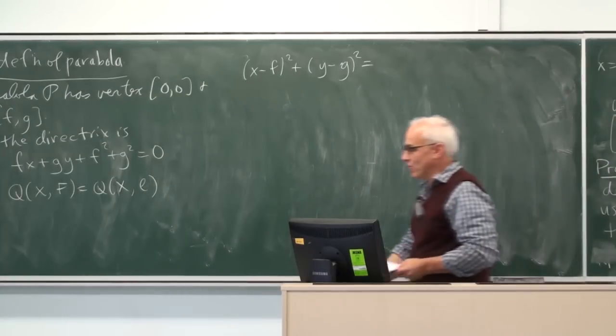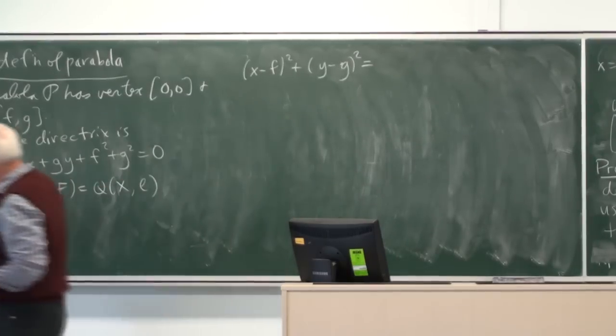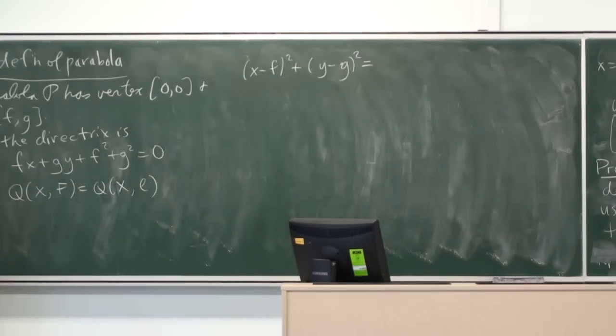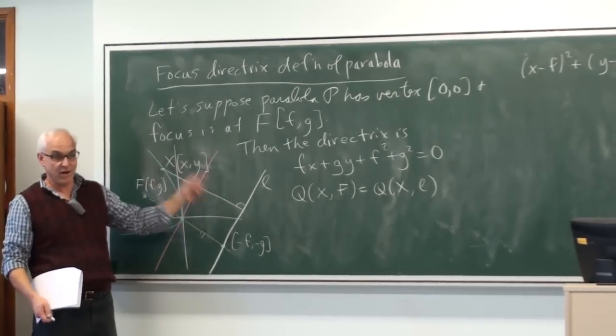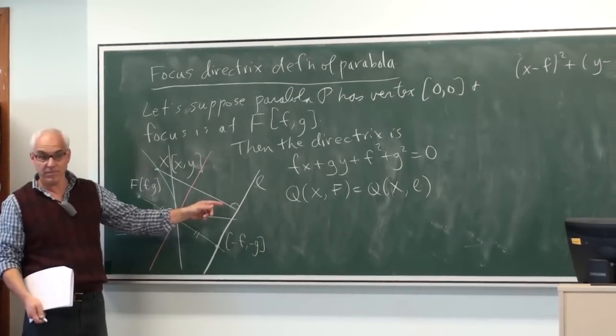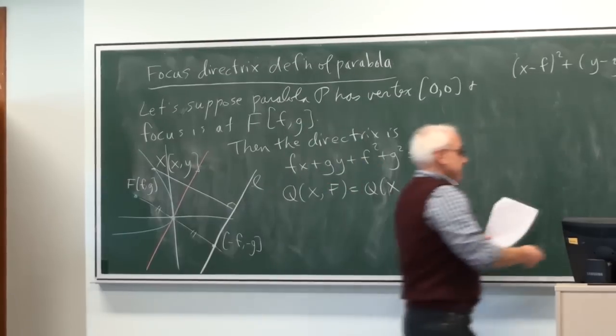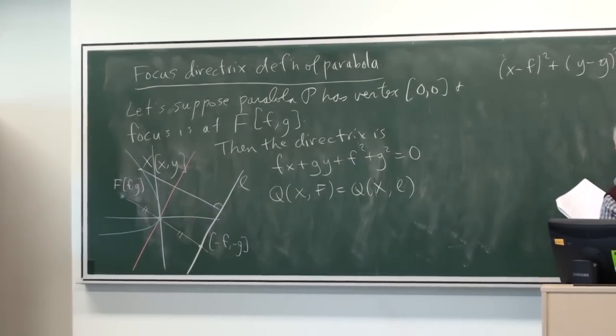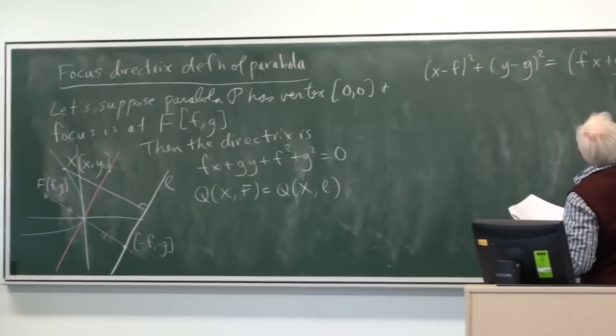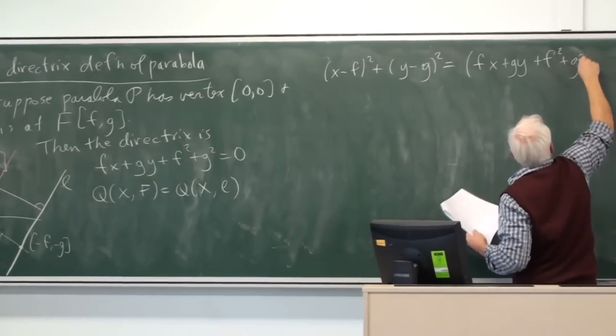So how do we calculate the quadrance of a point to a line? So that's this perpendicular quadrance here. If you know a point and you know the equation of a line, how do you find the distance between them? Or better yet, how do you find the quadrance between them? The formula is that you take the equation of the line and substitute the point. So fx plus gy plus f squared plus g squared.